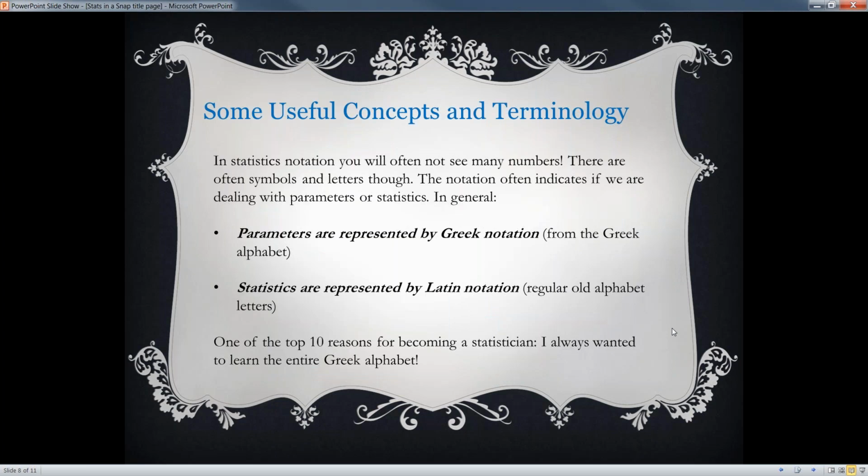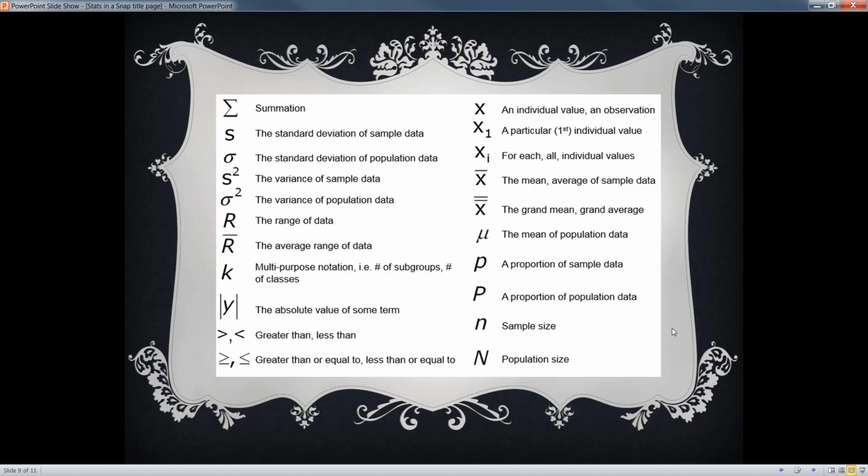Another thing that's nice to know, and I will show you a little bit of mathematical notation in a minute: parameters are typically represented by Greek notation, and statistics are typically represented by the ABCs. I always joke that one of the top 10 reasons for becoming a statistician is that I've always wanted to learn the Greek alphabet.